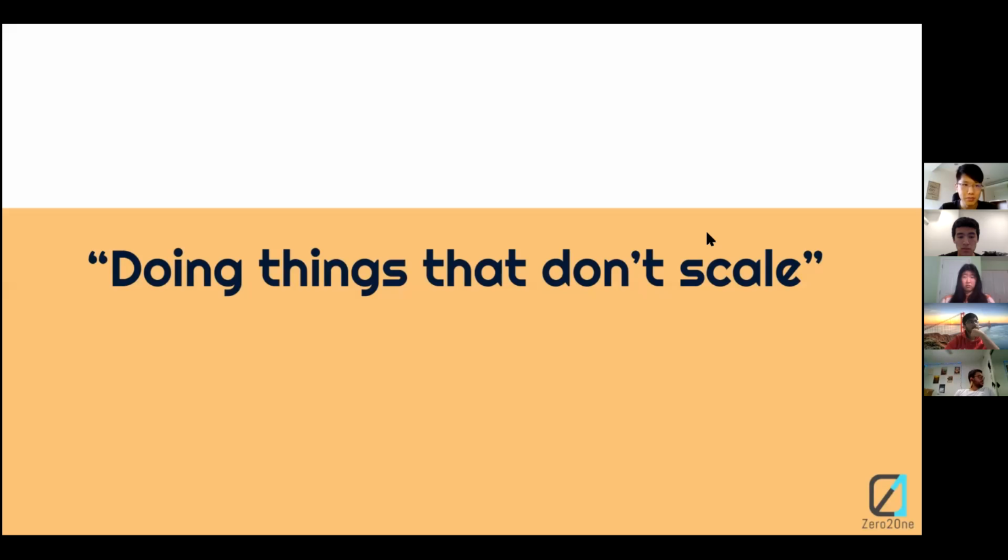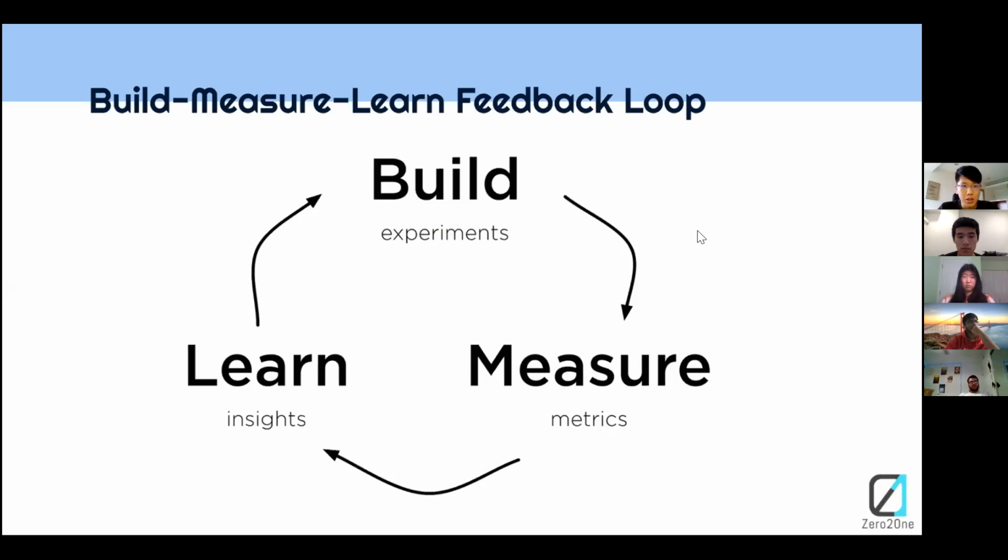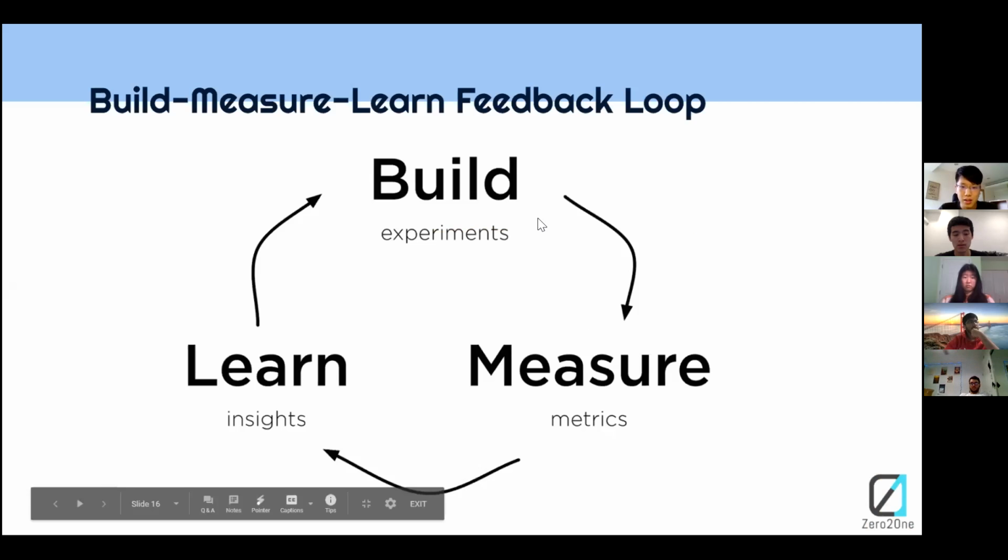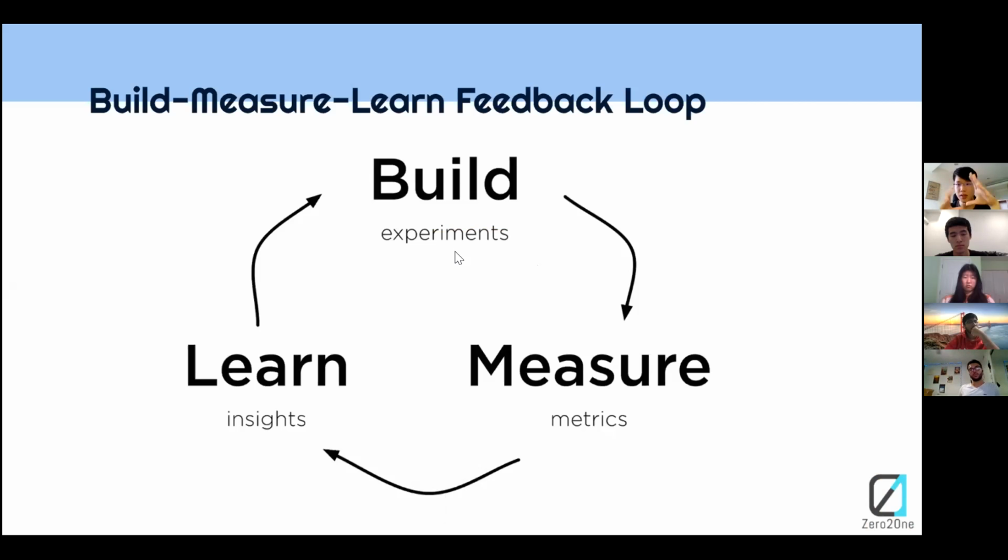So here's a very famous example, the build, measure, learn loop. You build these experiments, these MVPs, whether it's videos, a very simple website, or a very simple app.